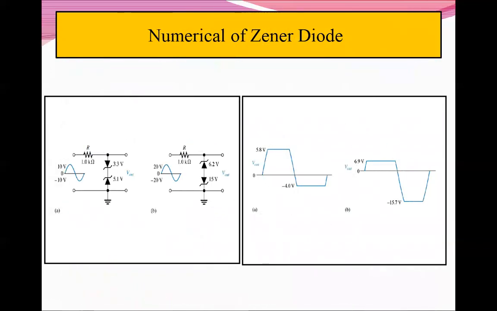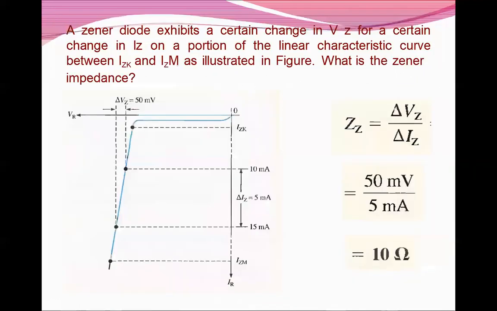The numericals of the Zener diode. Here a Zener diode will exhibit a certain change in voltage for a certain change in current on a portion of the linear characteristic curve between IZK and IZM, which is represented in the diagram.